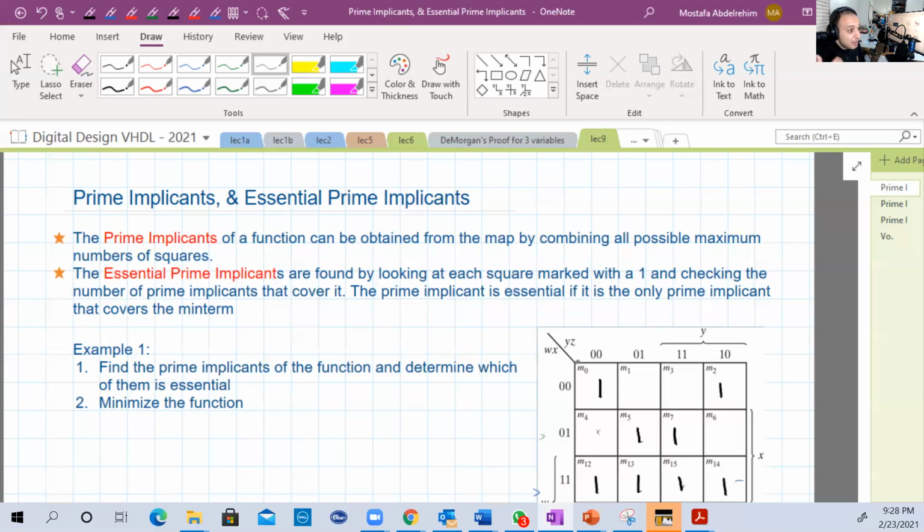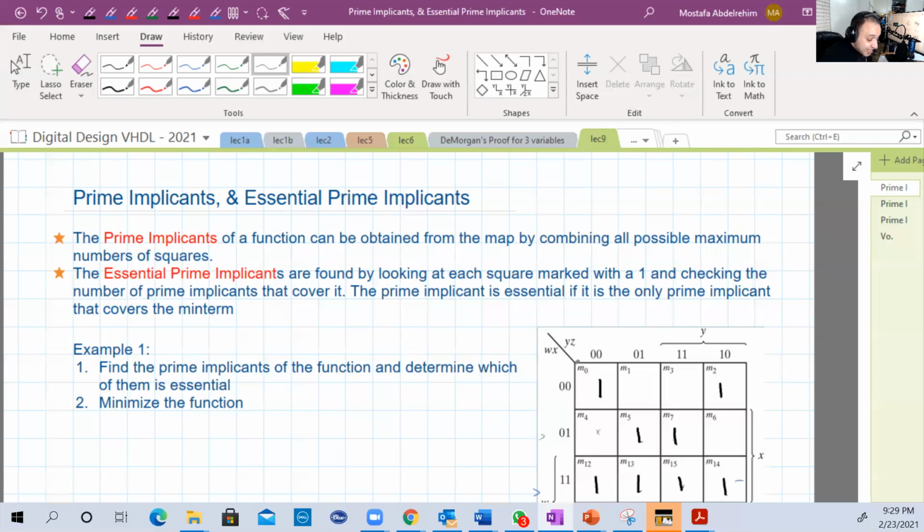If you go back to the examples that we solved in the homework and in the lectures, you will find that sometimes you have ones that belong to many groups, and sometimes you have ones that belong to just one group. The group that has ones belonging to it only is the essential prime implicant.